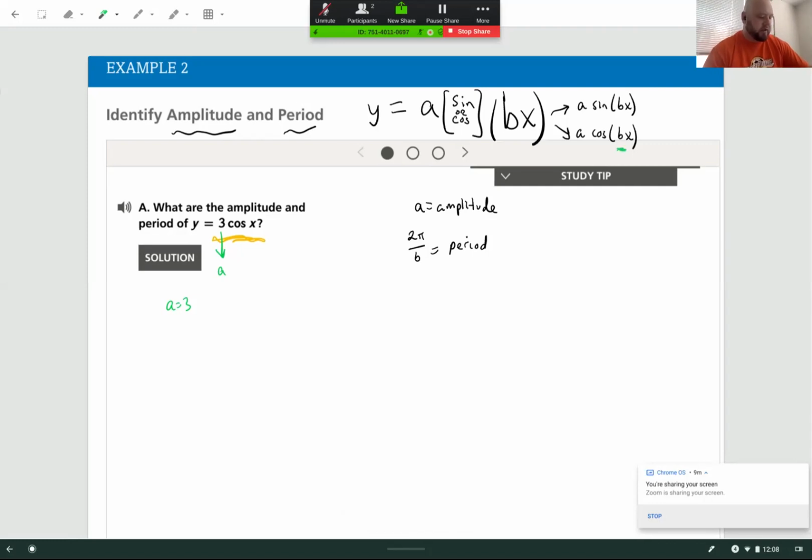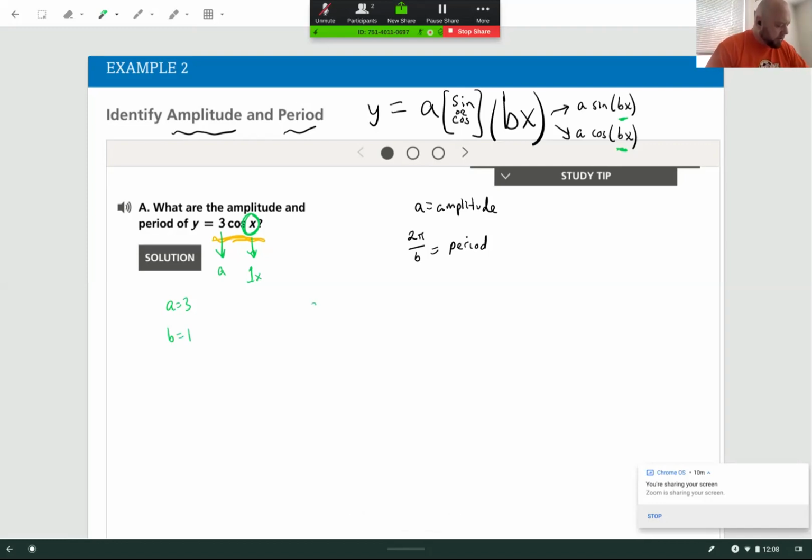You see the b's over here. They come after the word sine or after the word cosine. And so what we have after cosine is just the letter x. But you can always think of just a plain variable as 1 times the variable. So that means for our problem that b is 1.